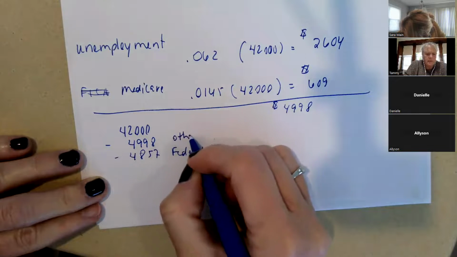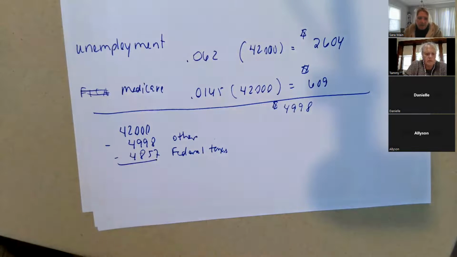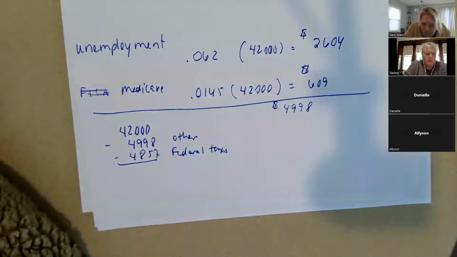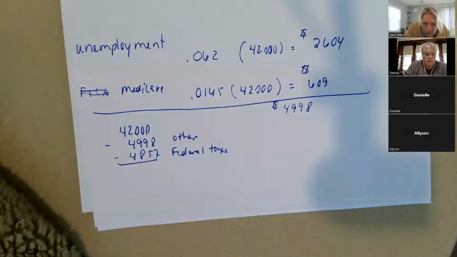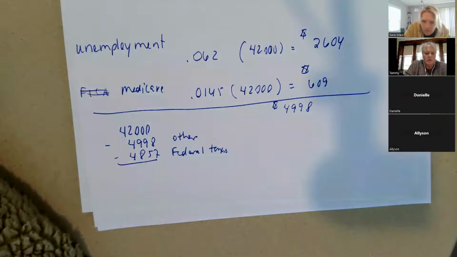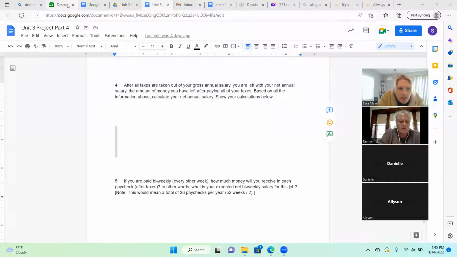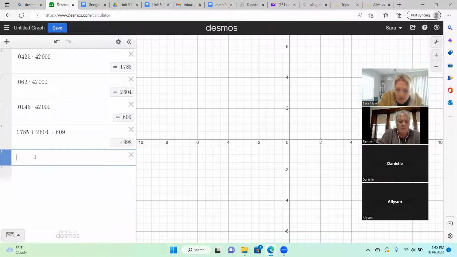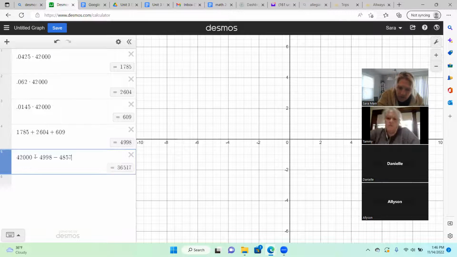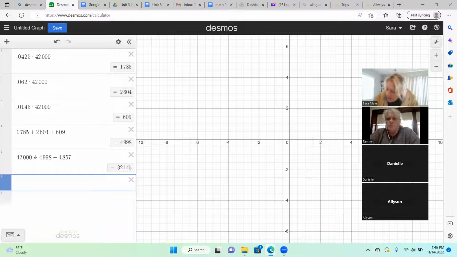And this is the other. It's a lot. Okay, so let's go back here. Okay, so 42,000, subtracting the other taxes and subtracting the 4,857, the federal taxes. It means our take home is 32,145.